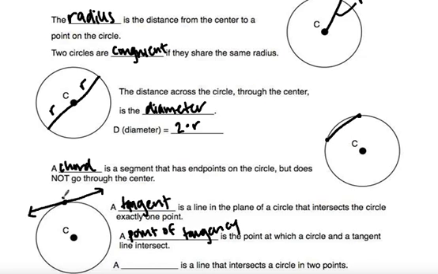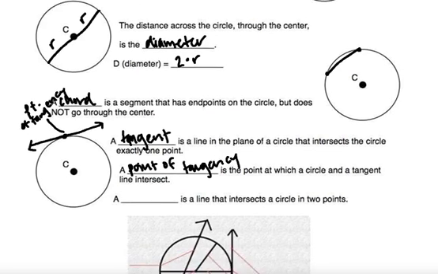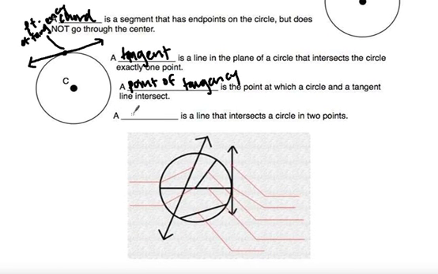So for example, this would be your point of tangency. A secant is a line that intersects the circle in 2 points.